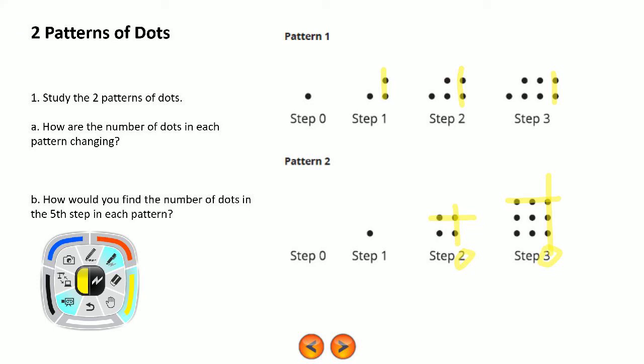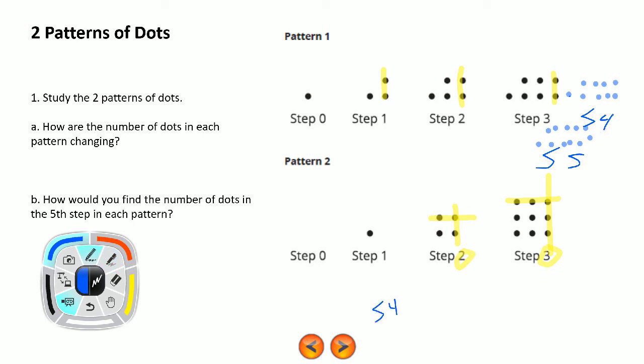So how would I find the number for step 5? Well, step 4 would be 1 dot plus 4 columns of 2 dots. And then step 5, therefore, would be, again, 1 dot and then 5 columns of 2 dots.